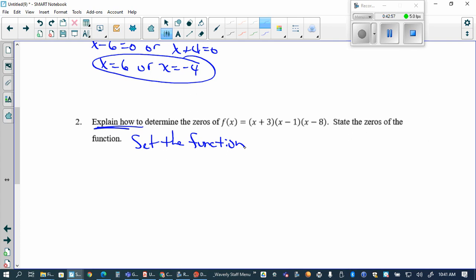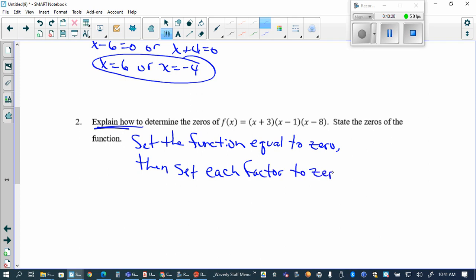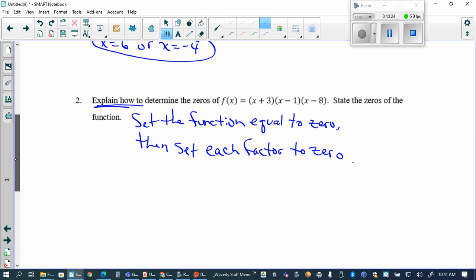Set the function equal to 0. Then do what? Then these are factors, right? Set each factor equal to 0, right? Okay, so I guess we'll do that, right?